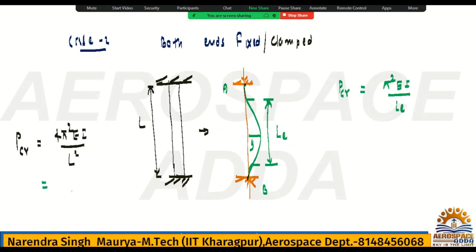This formula you can also write as pi square EI divided by L divided by 2, whole square. Now compare with LE. So LE will be L by 2. This value they ask in the exam. So what is the equivalent length for both ends fixed? LE is equal to L by 2. This is the column. All right, this is case 2.